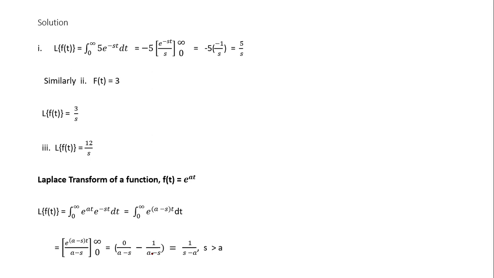So by simplifying this one, we have negative 1 over a minus s, and when you transform this way, it becomes 1 over s minus a. You know why? So 1 over s minus a when s is greater than a. Good. So that's how we can now transform exponential at into s domain.